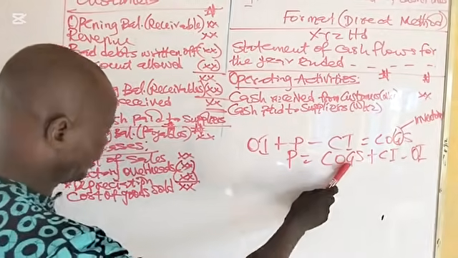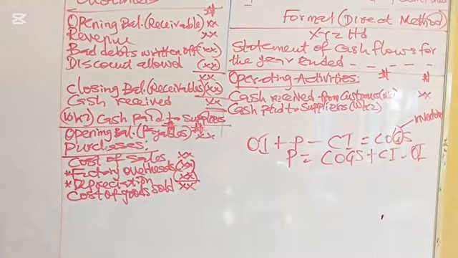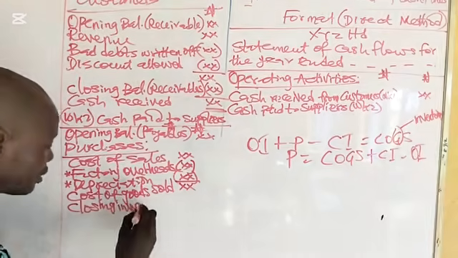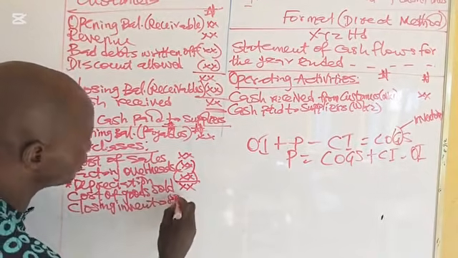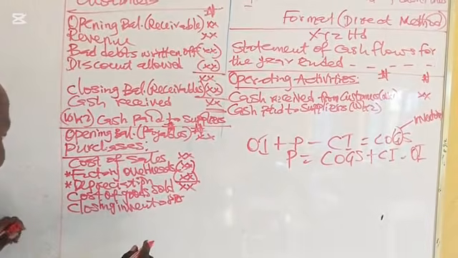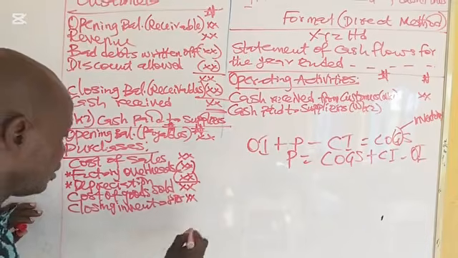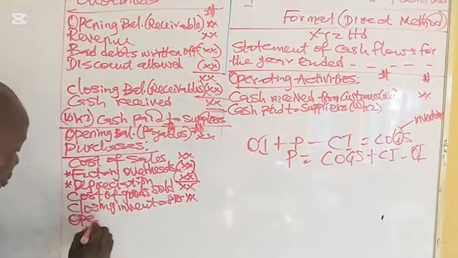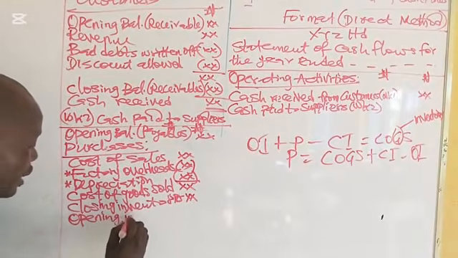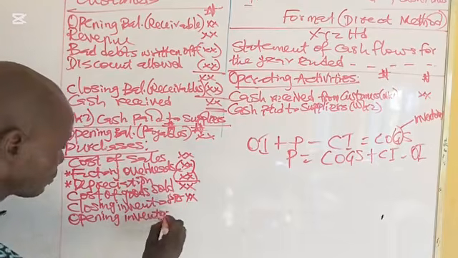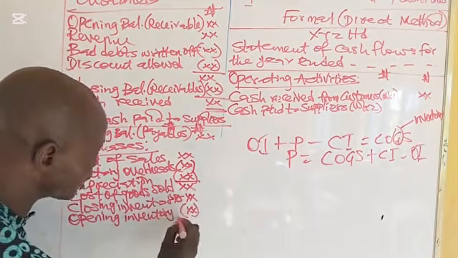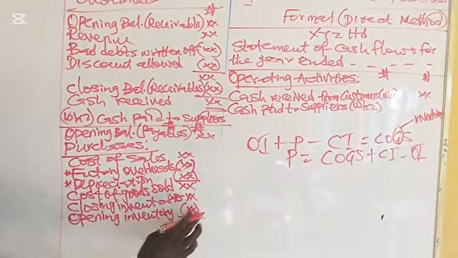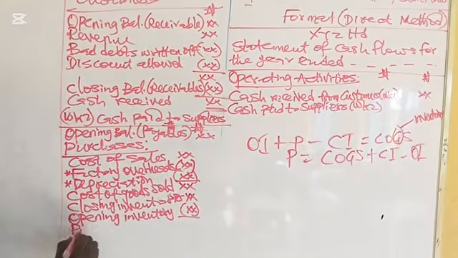You now add closing inventories. You now less opening inventory, right? Yes, sir. Less opening inventory. After this adjustment, you arrive at purchases.